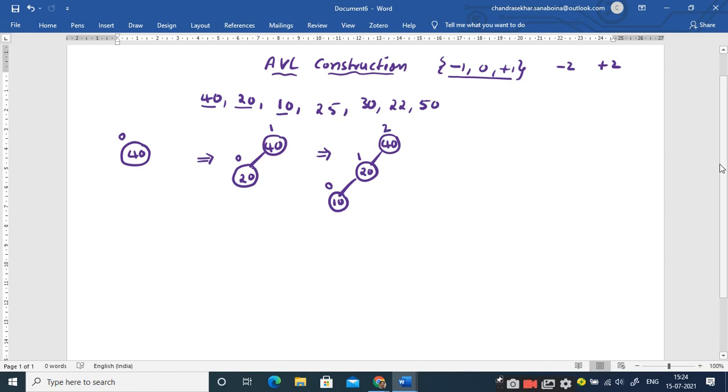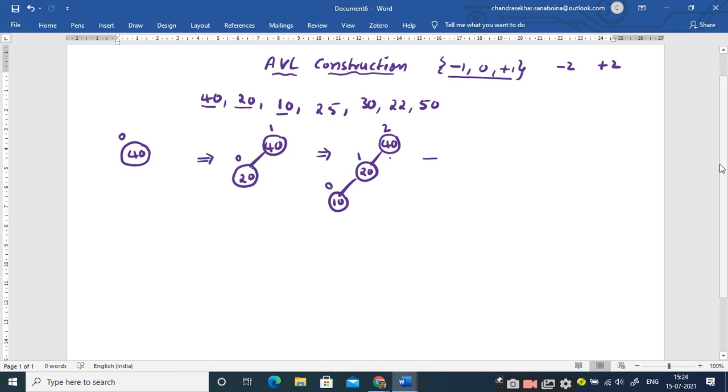Now you can observe here that this particular 40 has balance factor 2, which is not under the acceptable range. So here there is an imbalance. What type of imbalance is it? LL, sir. Super, right? This imbalance has happened because I have inserted a left child to the left child of 40. Therefore, it is an LL imbalance.